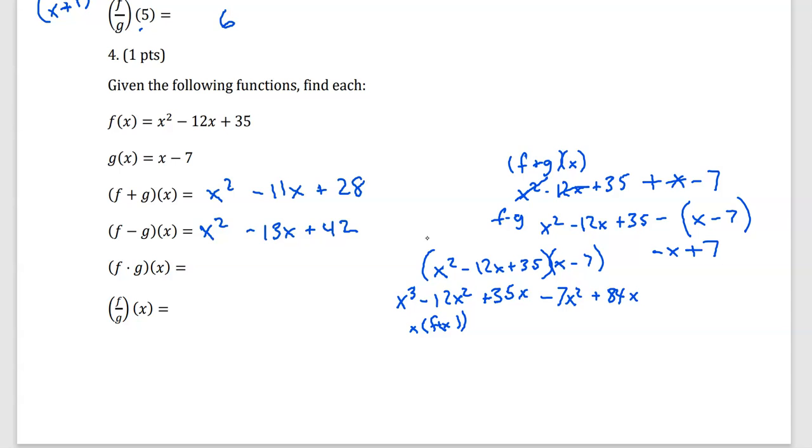And subtracting 7 times 35. Well, 7 times 30 is 210. 7 times 5 is 35. So it's minus 245.